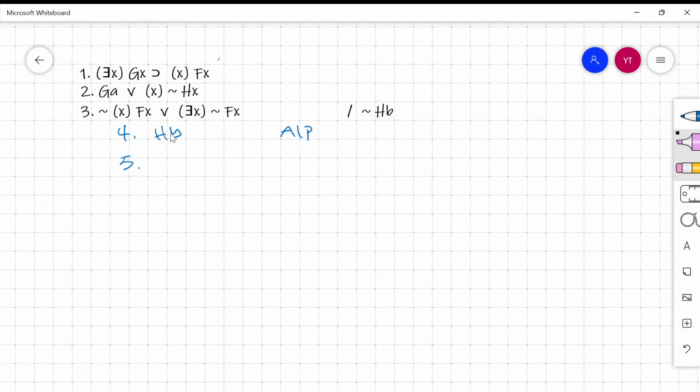Next, all we have so far is that B is an H. Since the H predicate occurs only in line 2, then that narrows our options to something with 2 and 4, or at least most likely.